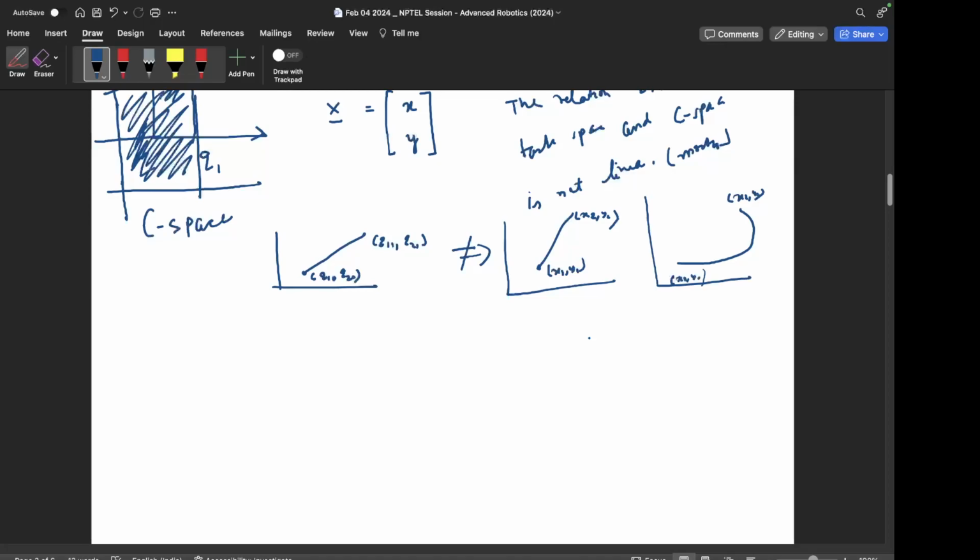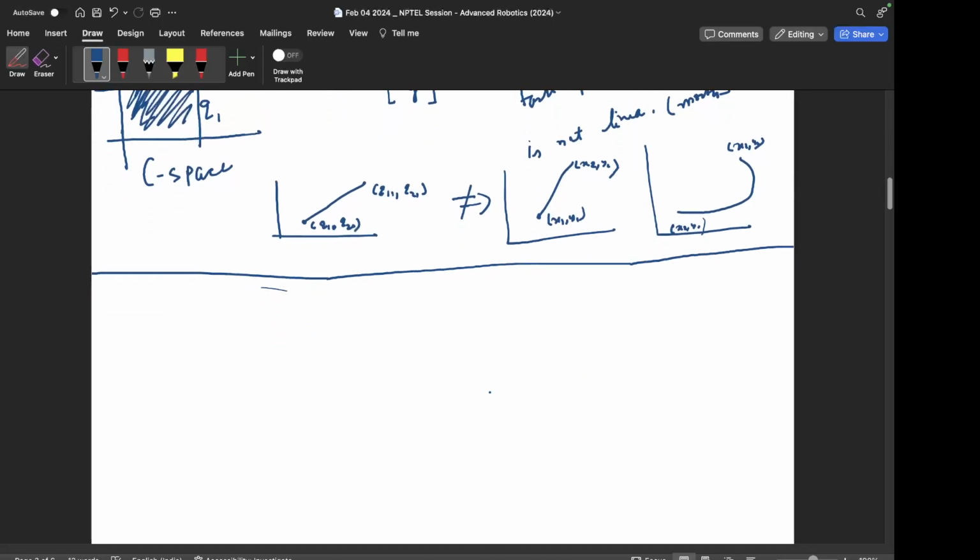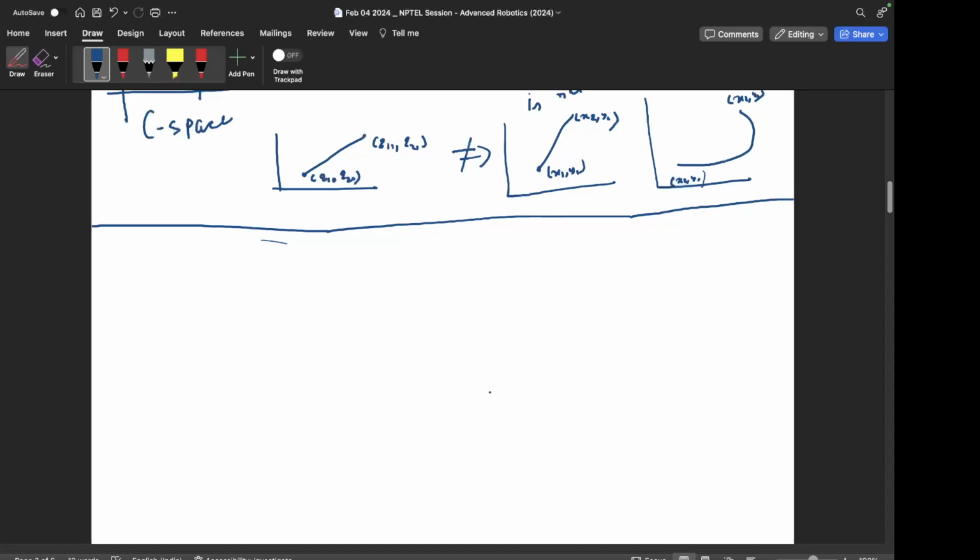So now that we have established why we need inverse kinematics and some basic terminologies, let's go on to the techniques that are there for inverse kinematics.